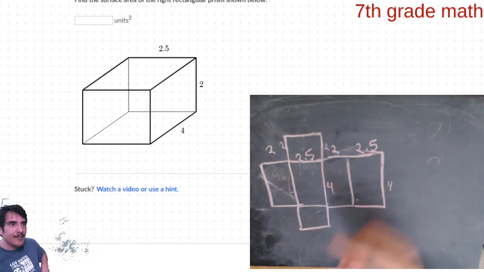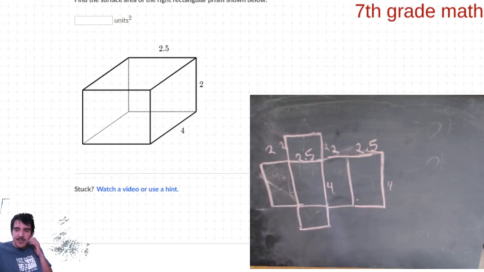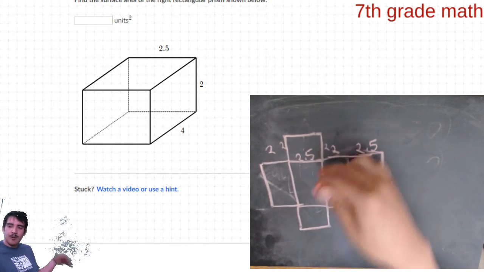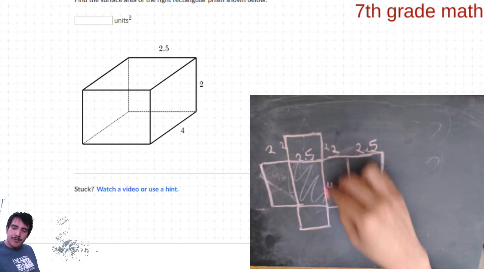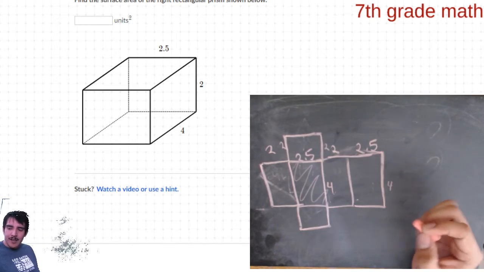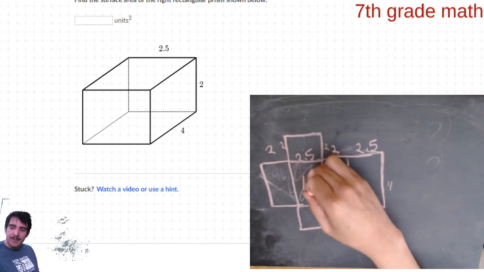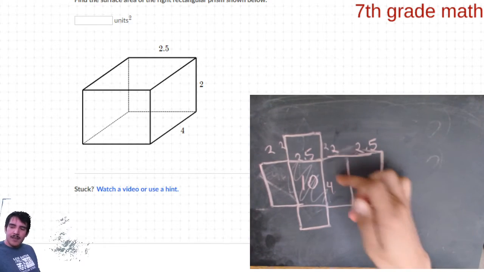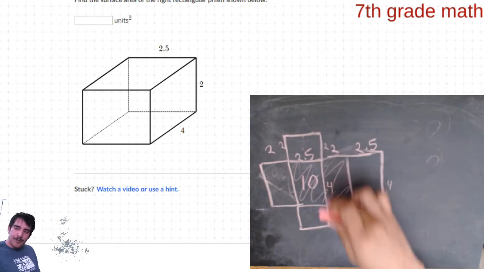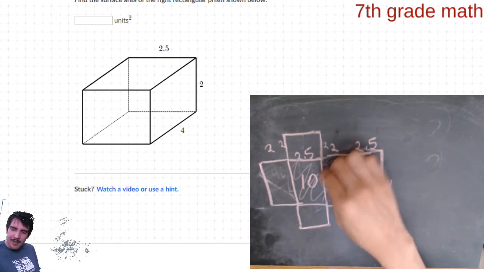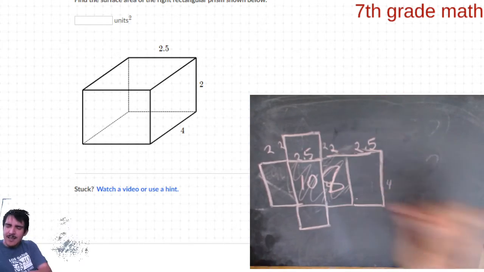So again, even with the net, it kind of starts looking a little crazy, but let's do it one at a time. So this little center rectangle is 4 times 2.5. If you do that, that will get you 10. This rectangle right here is a 2 by 4 rectangle, so we're going to have an area of 8.